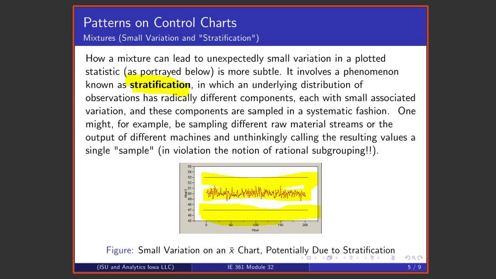into a plotted statistic. And in violation of the notion of rational subgrouping, where one wants to think of values that get plotted or get turned into a particular statistic at a particular time as coming from a single process, a physically stable process, if those are radically different components, then paradoxically one can get unexpectedly small variation.